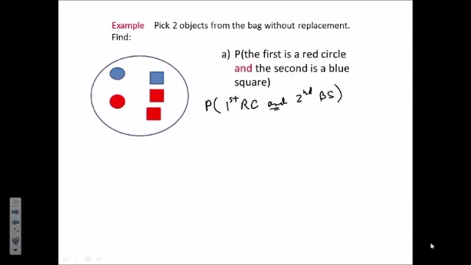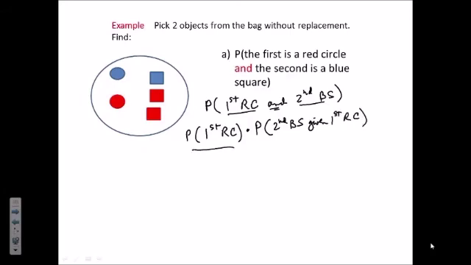This is the AND rule. So we're going to multiply. The probability the first is a red circle times the probability the second is a blue square given the first is a red circle.